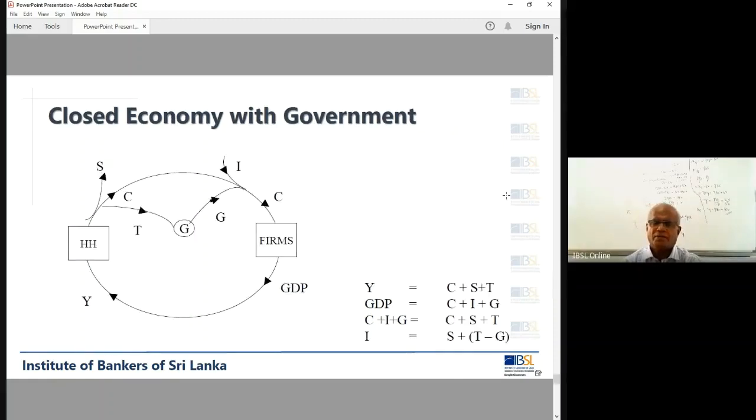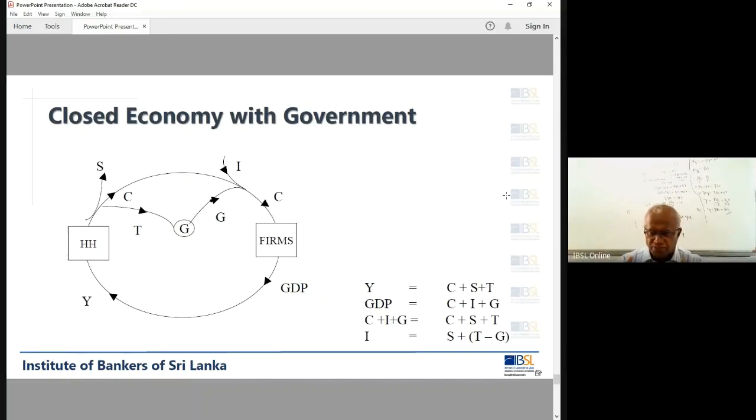Now what will happen? Y equals C plus S plus T. Demand: C, S, T. Y, GDP, supply: C, consumption goods, I, investment goods, G, government goods. C plus I plus G. At equilibrium, demand equals supply.